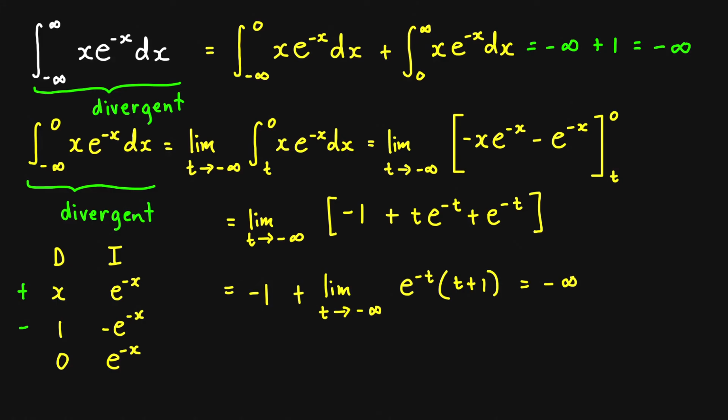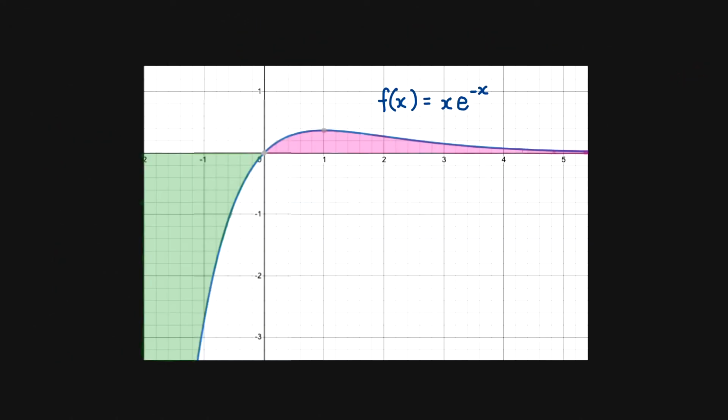Now, how do we interpret this negative infinity geometrically? If we look at the graph of our integrand, x e to the negative x, we have here the regions bounded by the function and the x-axis. Again, we are considering here the region bounded from negative infinity to positive infinity.